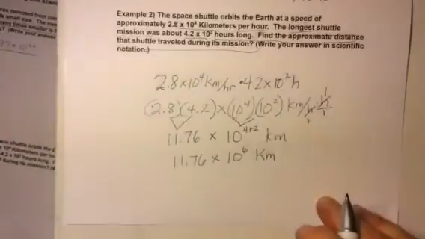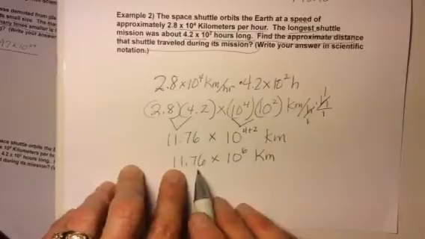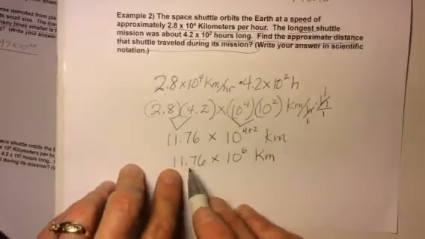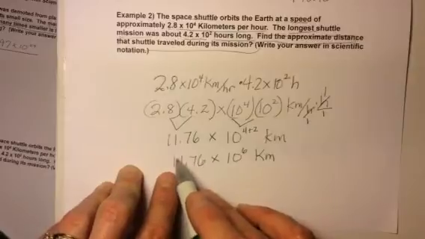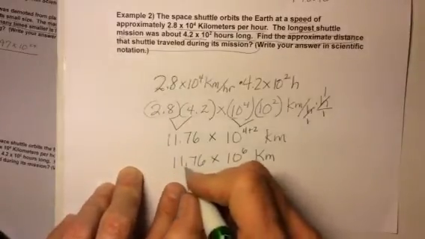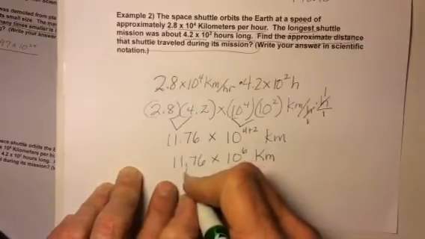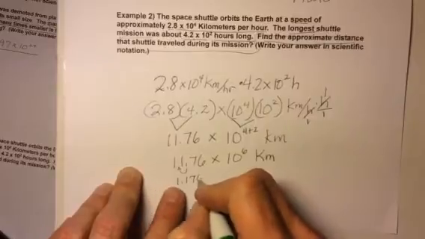Now, we have to put it in scientific notation. Well, technically, this is not in standard scientific notation because this number is not greater than or equal to 1 and less than 10. So we have to move the decimal point back 1 so that it reads 1.176.